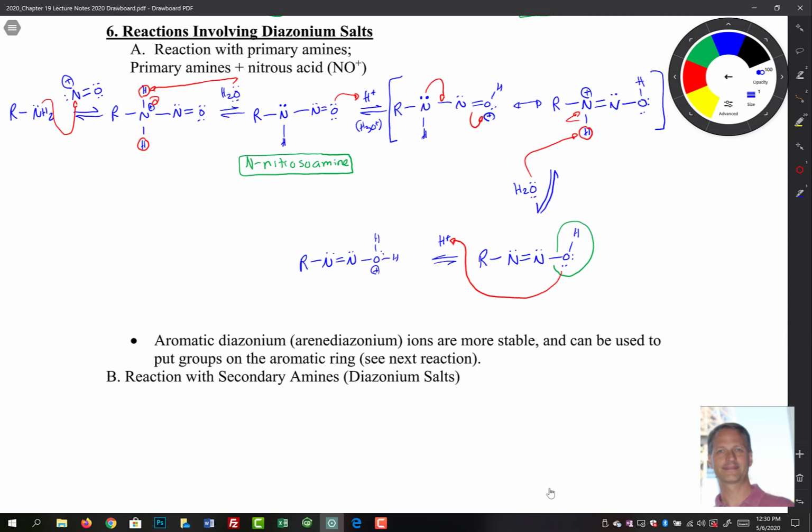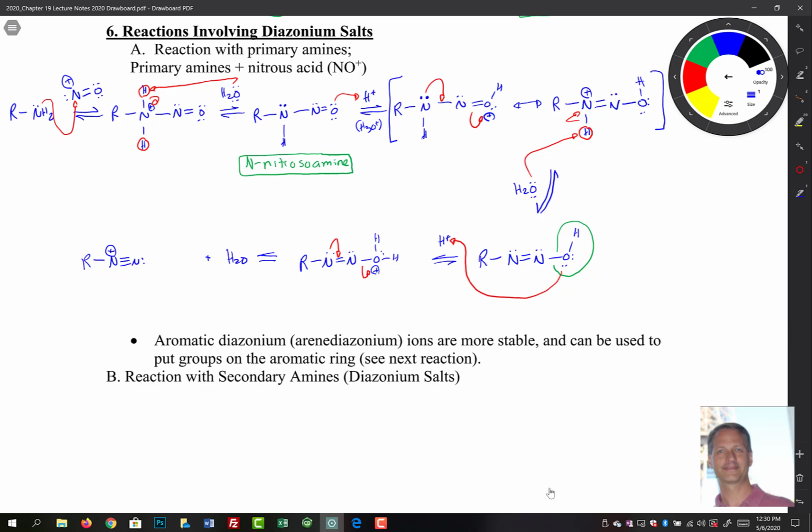Right? And at that point in time, what we're going to do is this internal flow of electrons. So we're going to do this, and then we're going to kick off water here. So we're going to get H2O, and then we're going to get an R, nitrogen, 1, 2, 3 bonds, lone pair down here at the end, right? And that'll put a positive charge on the middle nitrogen right here.